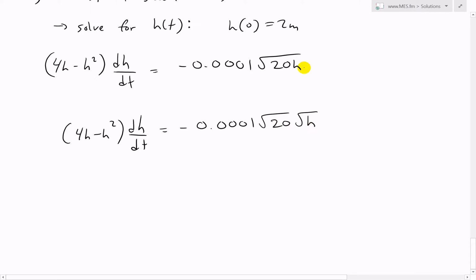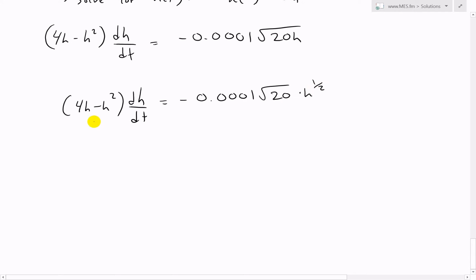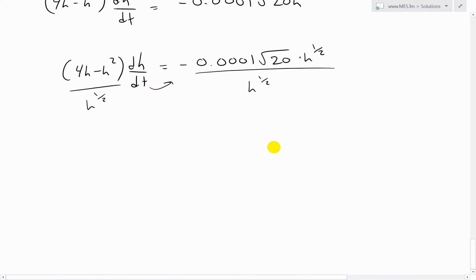I'm going to write that square root of h as h to the power of 1/2, which is the same thing, and the reason I'm doing that is that it's easier to divide all this out. So I'm going to divide both sides by h to the power of 1/2, so that we can get rid of it over here, and then multiply both sides by dt to move the dt to the other side.